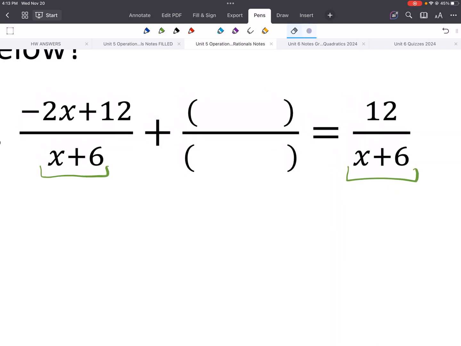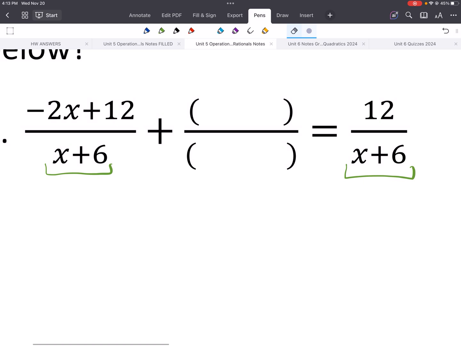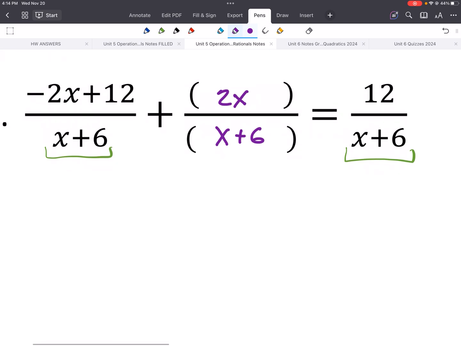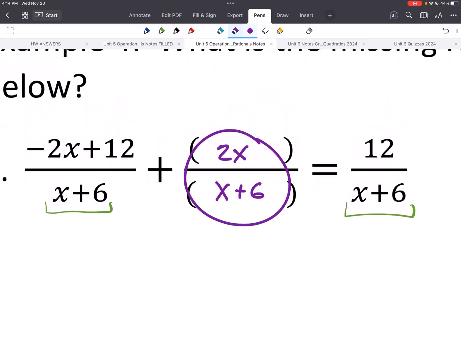What would we need to do here to give us a 12 left over? So we have a 12 here, so that's the same. That means we need to get rid of this. So what's its opposite? We would need to add 2x. Again, it would have that same denominator, so that would be our answer, 2x over x plus 6. Okay?